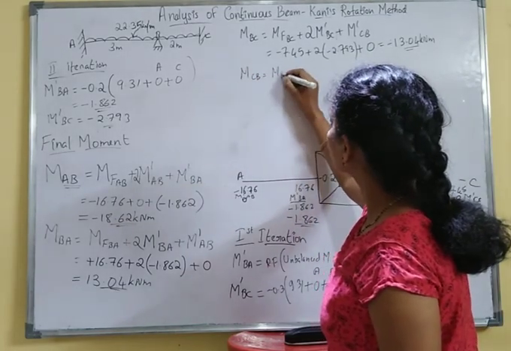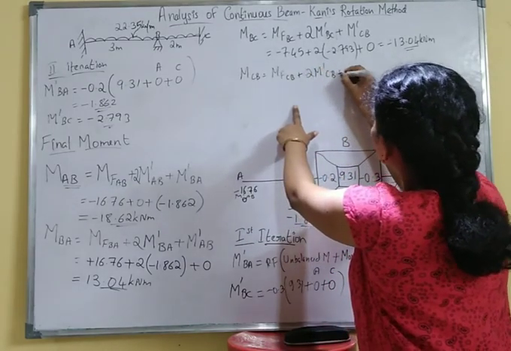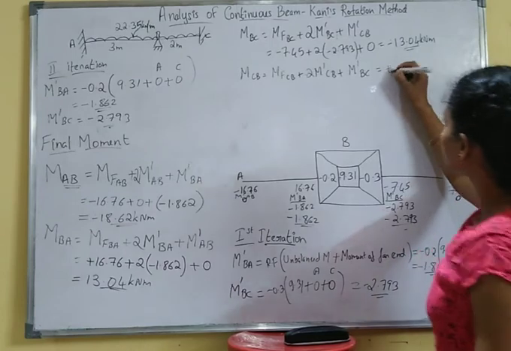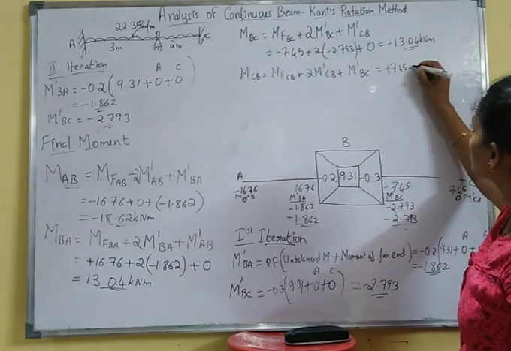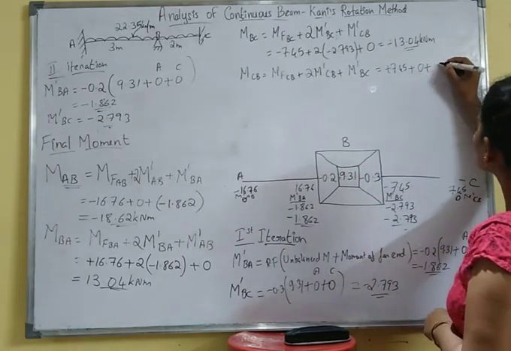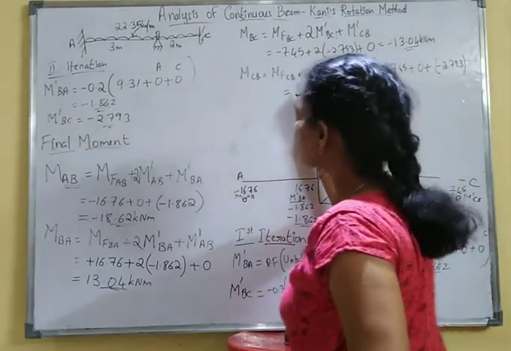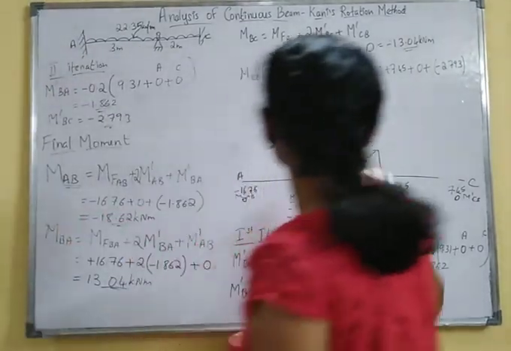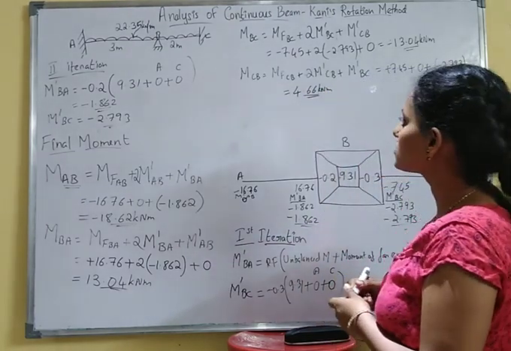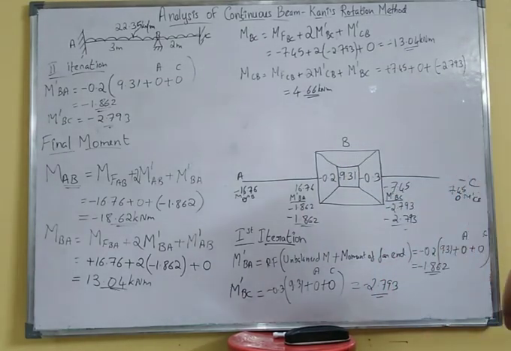That is MFCB plus 2 times m dash CB plus m dash BC. So you have plus 7.45 as the fixed end moment plus CB is 0 plus m dash BC, which is minus 2.793. So you will have 4.66 kilonewton meter.